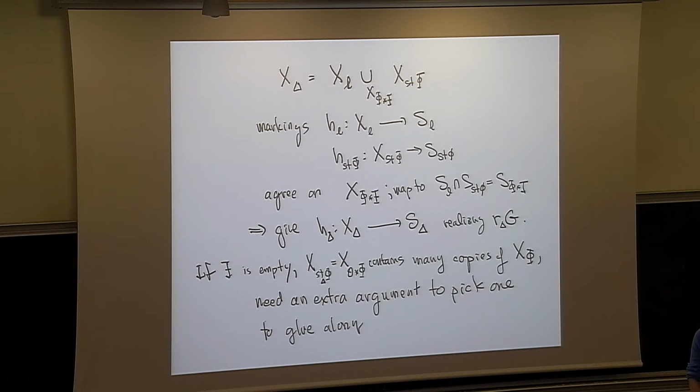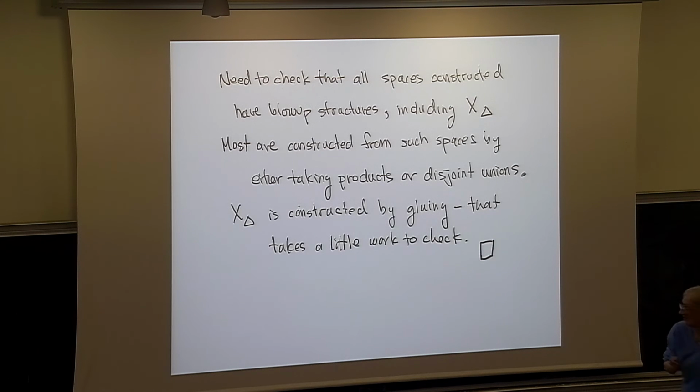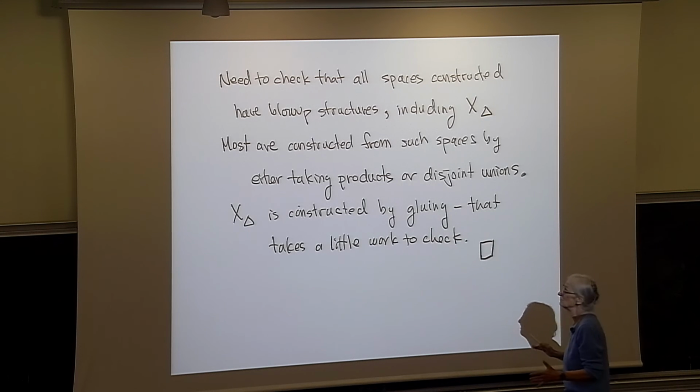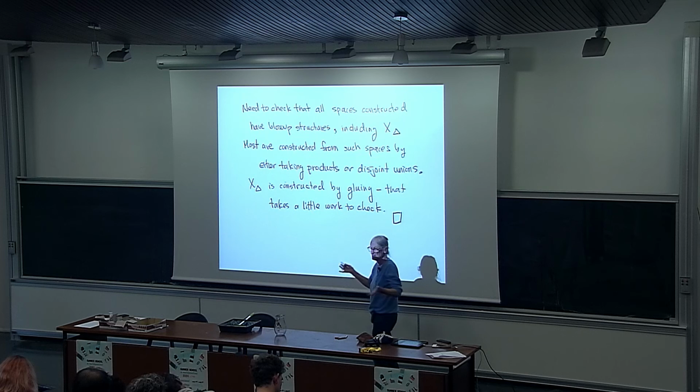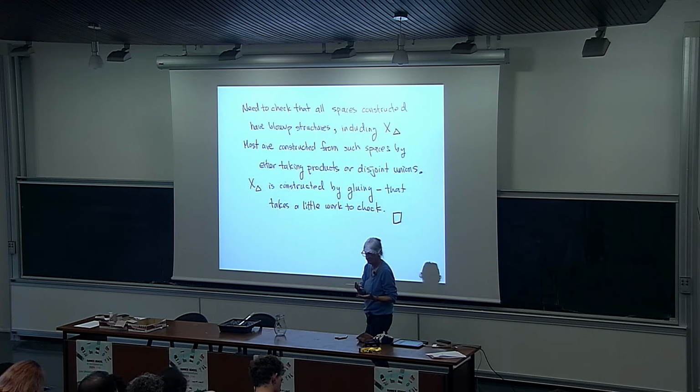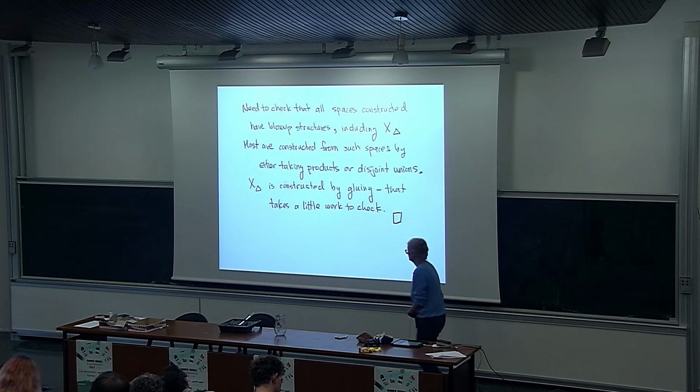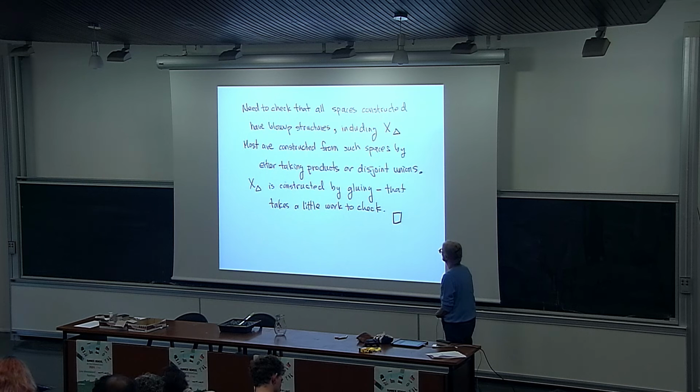I'm sorry about going through this so fast, but let me just point out what else you have to do. I made these cube complexes by gluing a complex here and a complex there along their common intersection. I have to check that what I've made is actually still one of my blow-ups. And that also requires some work.